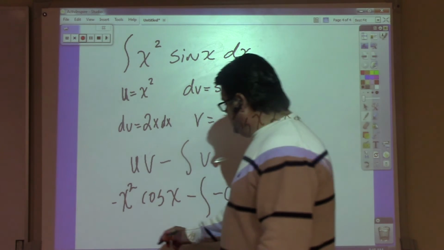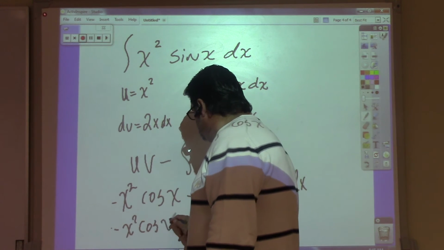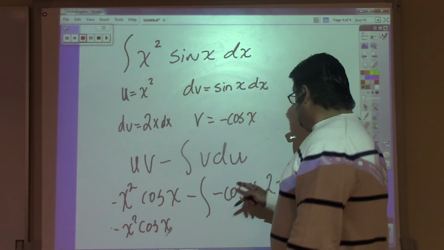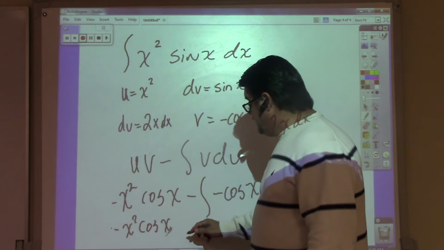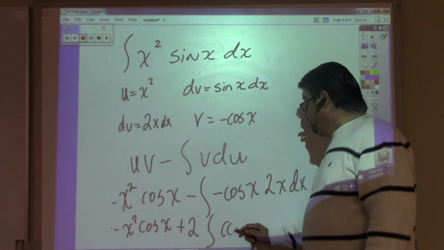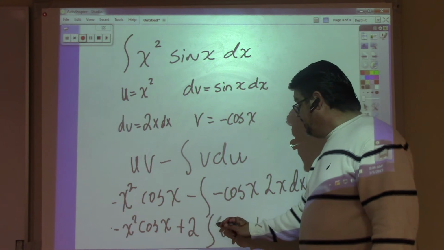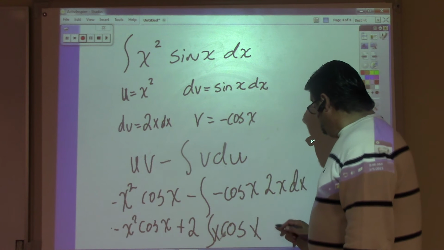It's going to be negative x squared cosine of x. And that negative 2 will make that a positive 2 times the antiderivative of x cosine of x dx.